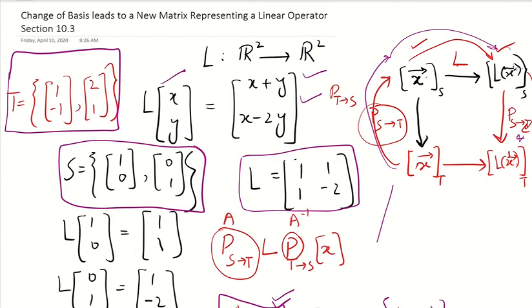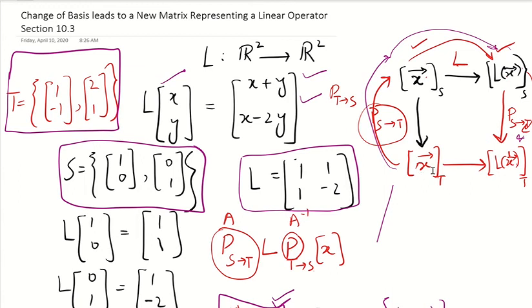And I could also transform this vector into this vector in my language by again using the same change of basis matrix from S to T.